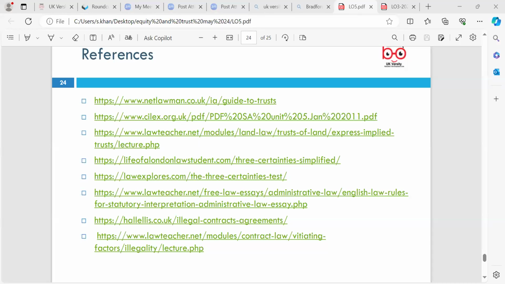We looked at that. So you could go on to these links here, and if you right click them, you could get resources on them and have a read around Learning Outcome 5.